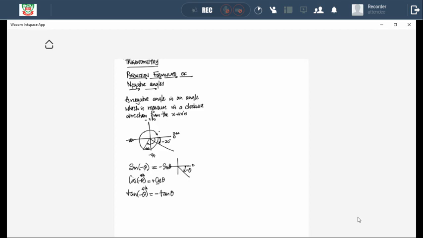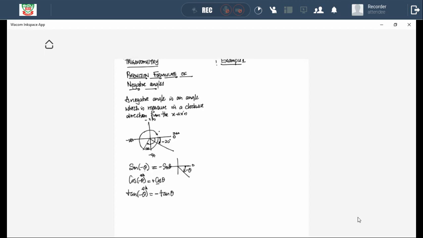Okay, right. Let's look at how you can also look at these things. Okay, now if I am to take you through an example. Now look at my example number 1.